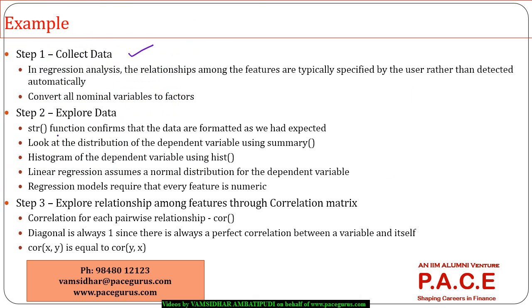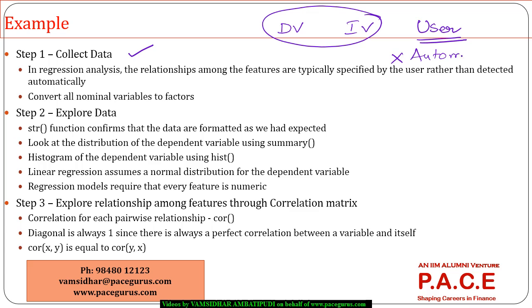We have to understand that in regression analysis, the relationship between the dependent variable and the independent variables has to be specified by the user. The modeler has to specify the relationship. It's not automatically detected by the system.